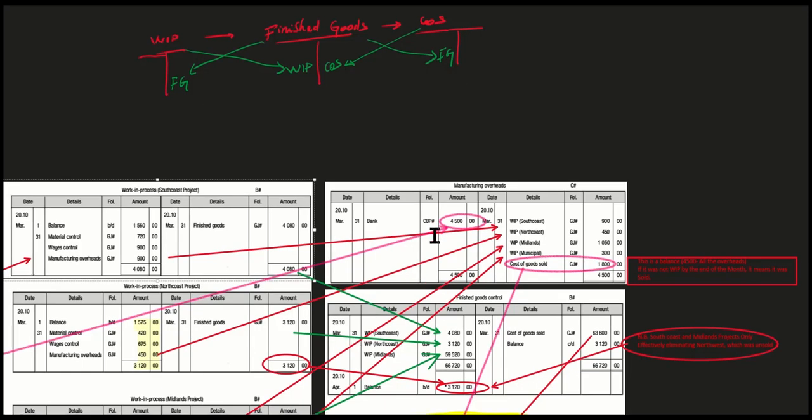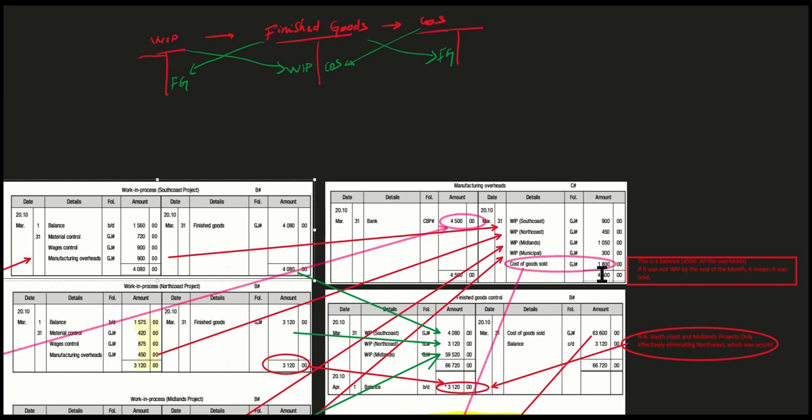So on the left-hand side of the manufacturing overhead, we need to put it there, and we need to balance the accounts, right? There was a 4,400, but we did not have 4,400. In fact, we had 1,800 not there. So that means that there was an under allocation somehow, okay?